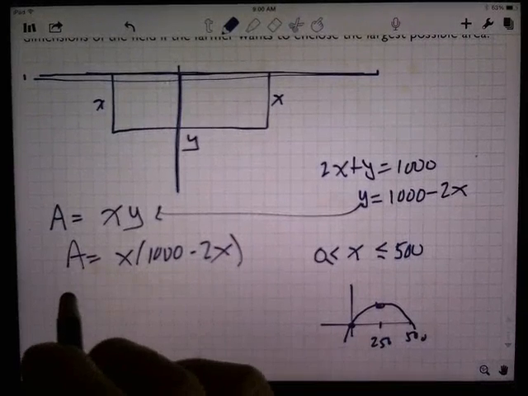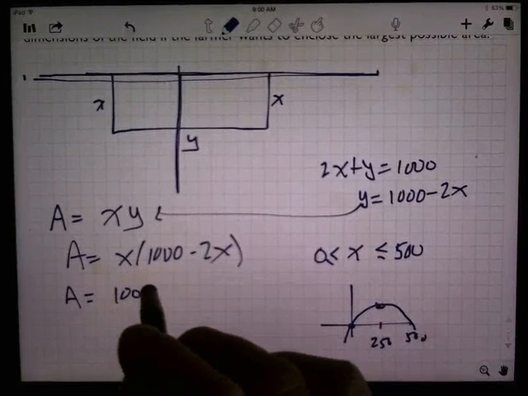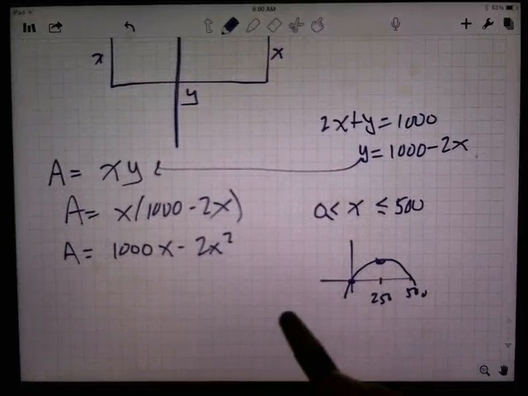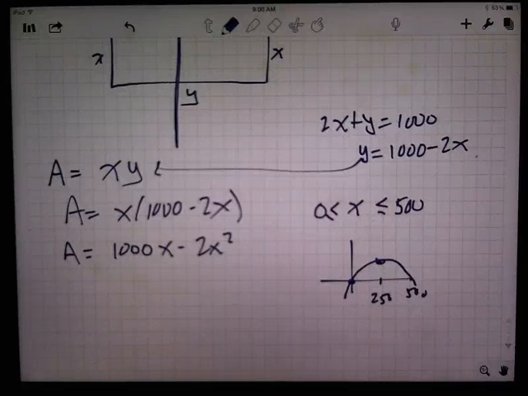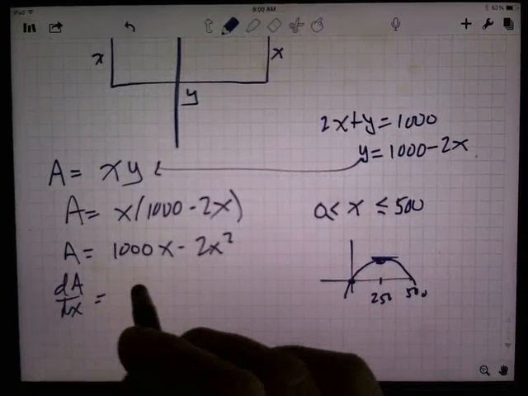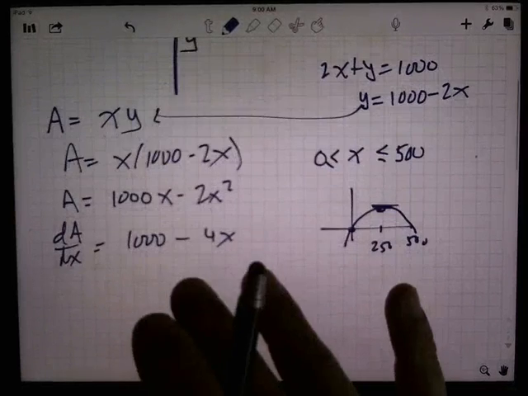But what I would generally do here, if I couldn't just see that answer, I would multiply this out: 1000x minus 2x squared. And I'm trying to find a maximum. Where do the maximums happen? Critical points, endpoints. So I'm going to take the derivative and see if I can find that place where the derivative is equal to 0. So dA/dx is equal to 1000 minus 4x.